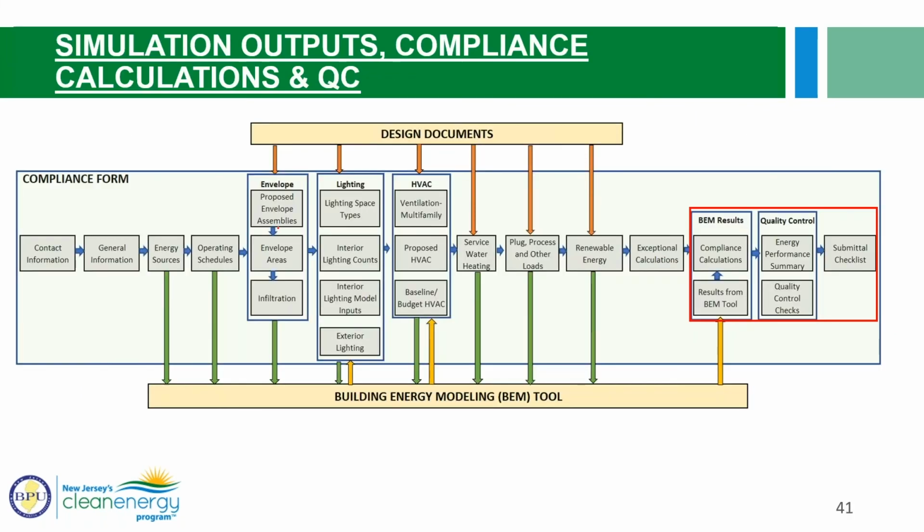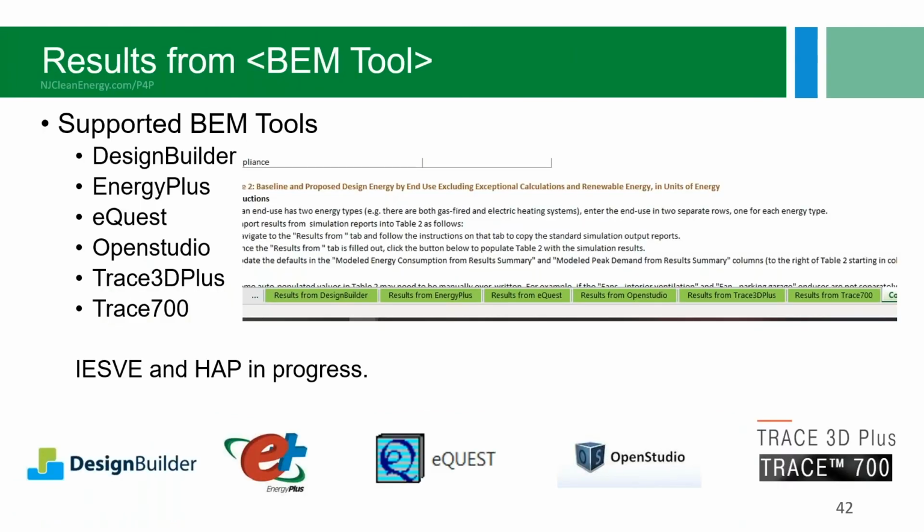So next, we're going to get to the simulation outputs, compliance calculations, and QC tabs. All right, so many of you who have participated in the program are familiar with the results from eQuest or results from trace tabs. So this is pretty much analogous to that, except now the compliance form supports more tools than previously.